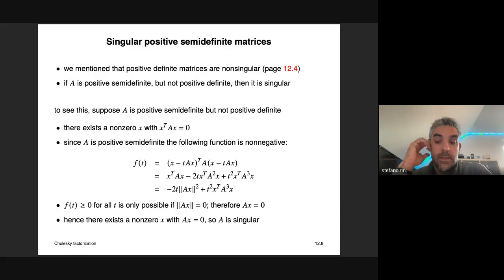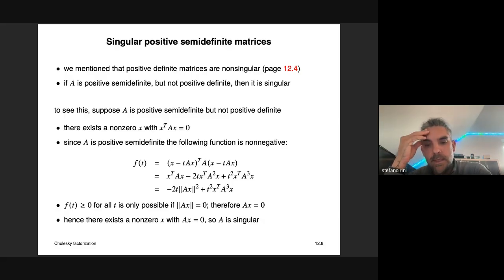So what we do is that we take the expression (x minus t times A times x), where t is a scalar, and we expand to the quadratic equation. Then we have that minus 2t norm of A times x squared plus t squared x transpose A cubed times x is equal to this f of t. Then this must be greater than or equal to 0 for all t.